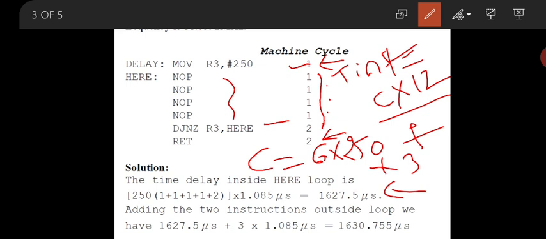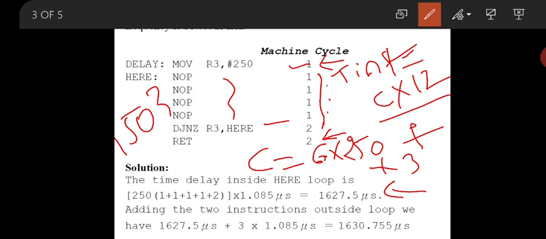6 into 250 will be coming with 1500, plus 3. Totally I get 1503 machine cycles. I hope you understood. 1503 machine cycles into 12 divided by 11.0592, that is the megahertz frequency.